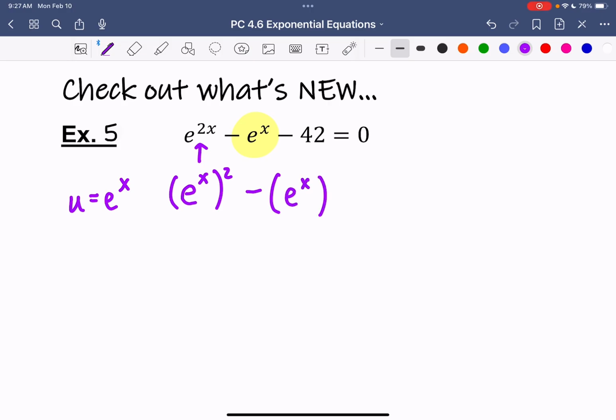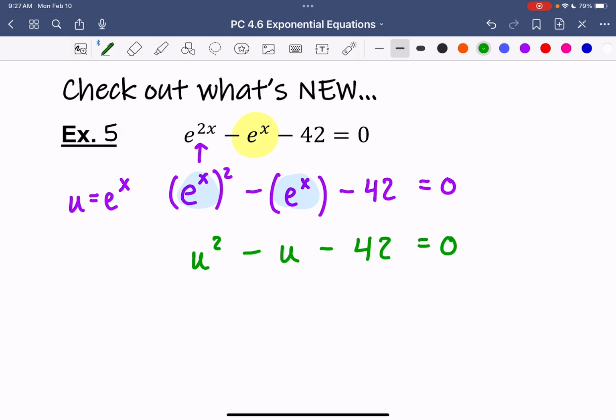Let me rewrite it like this so you can actually see the u sub a little easier, okay? So it is in what's called quadratic form, like you saw in IM3, okay? So we can rewrite this as u squared minus u minus 42.